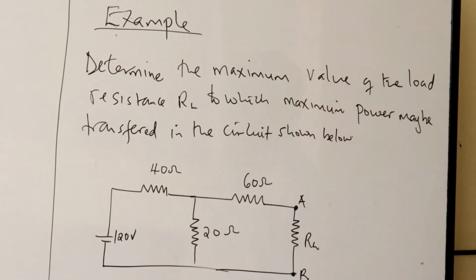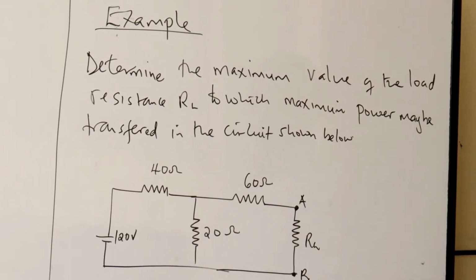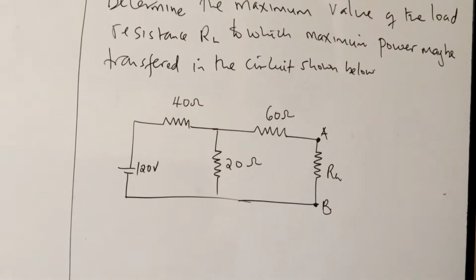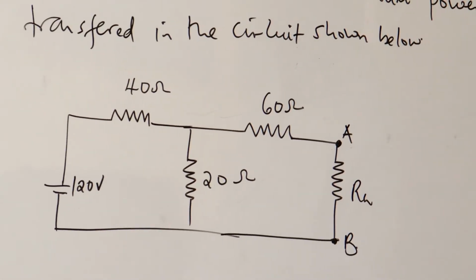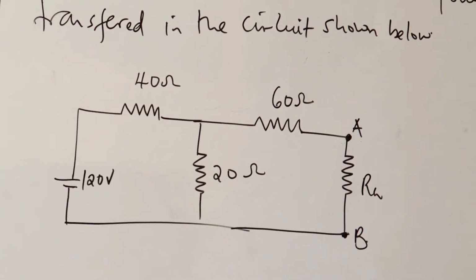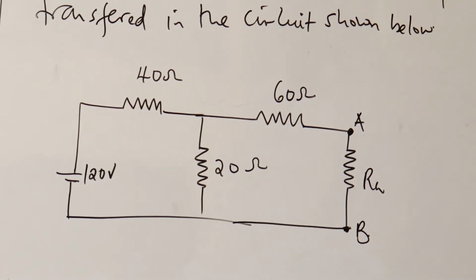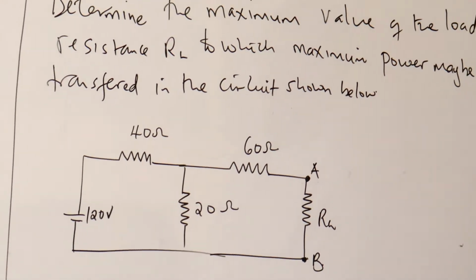So this is our first example, and in this example the source voltage to the circuit, the energizer, is 120 volts. Anytime you are given a maximum power transfer circuit with a voltage source, you must be able to determine the Thevenin's voltage, which will act as the source, and the internal resistance is going to be the Thevenin's internal resistance.